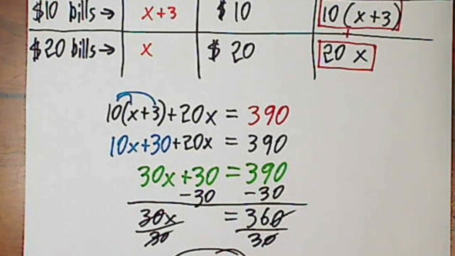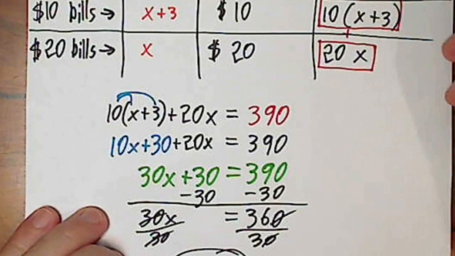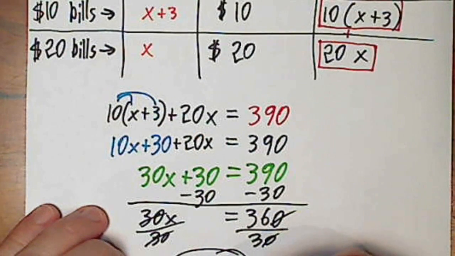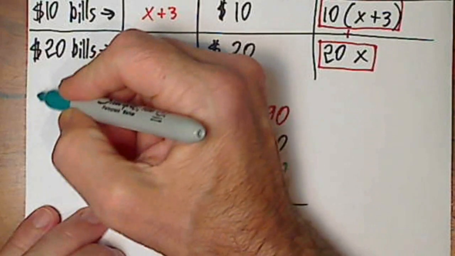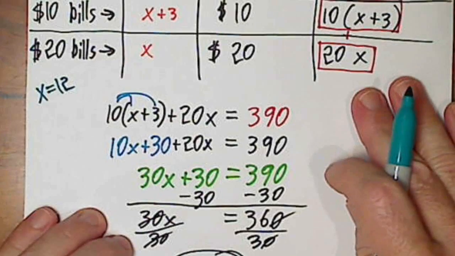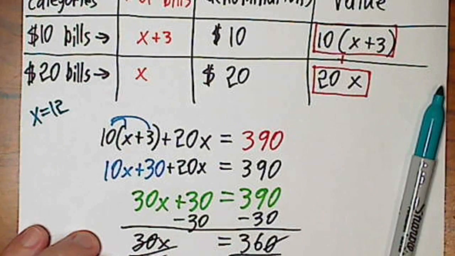What do they want to know? The number of each denomination. Okay, so if x is 12, let me zoom out one more here.